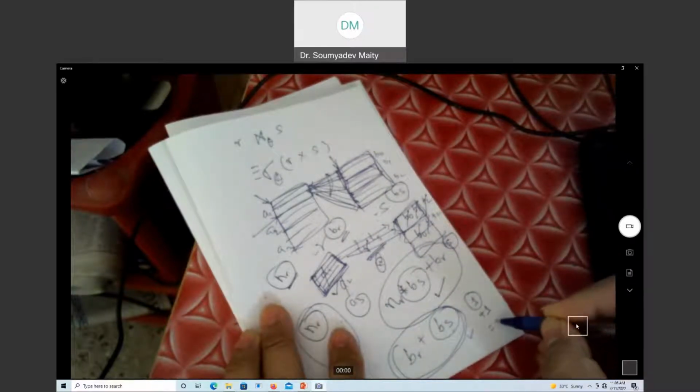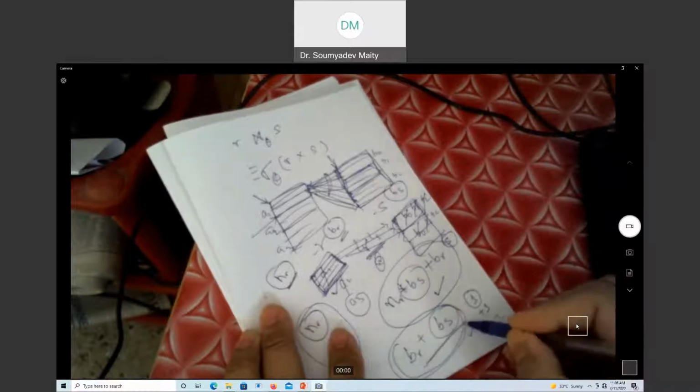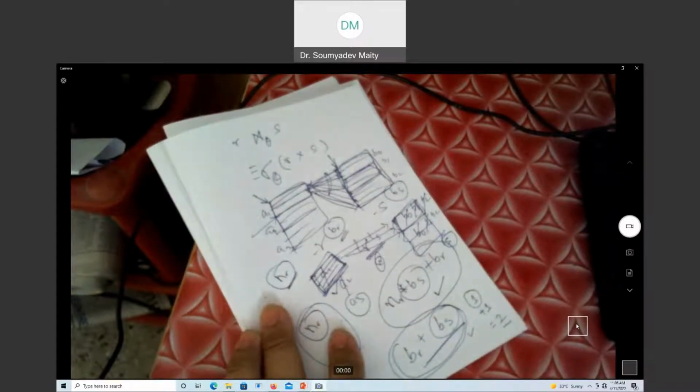So in total, 2 seeks and BR plus BS block transfers will be required.